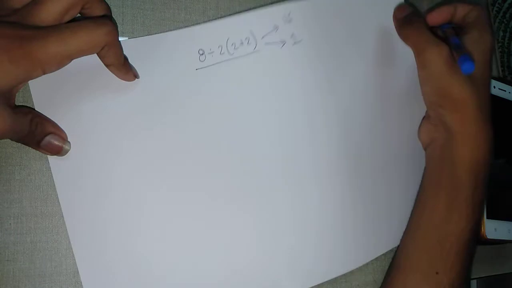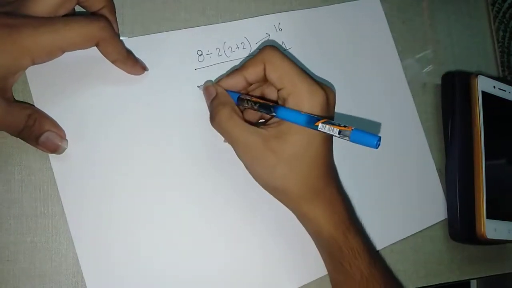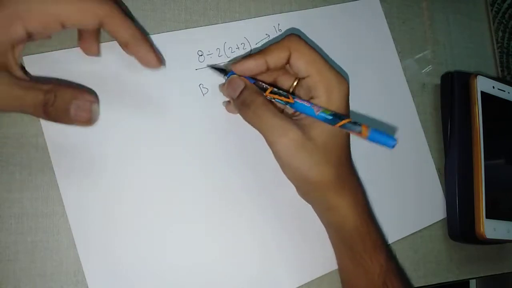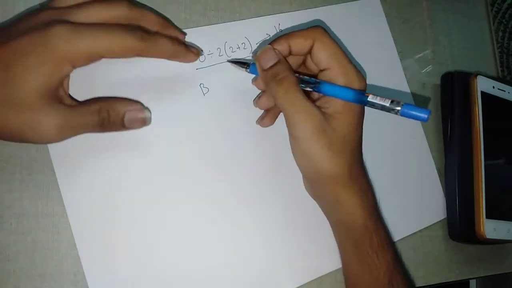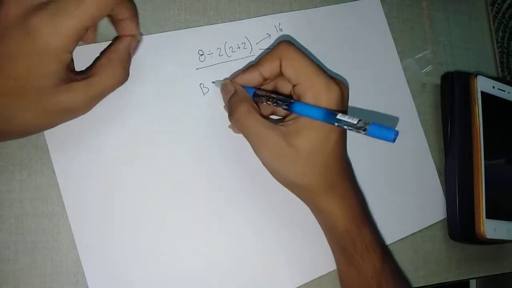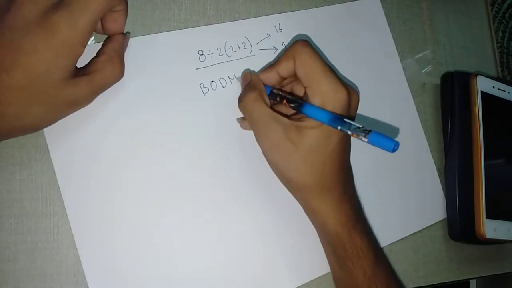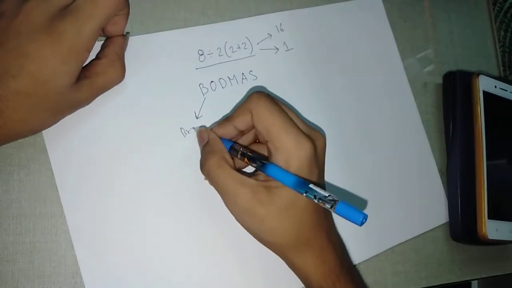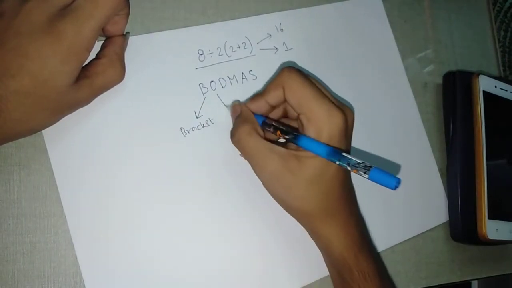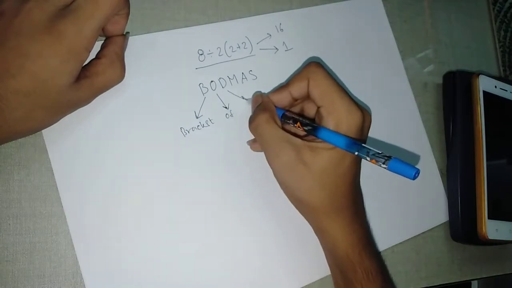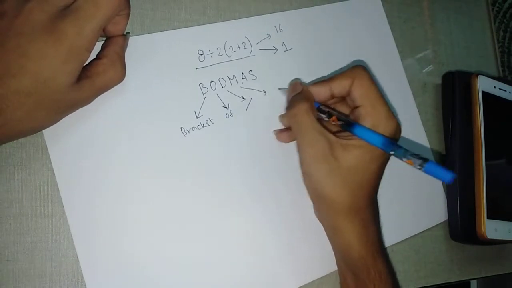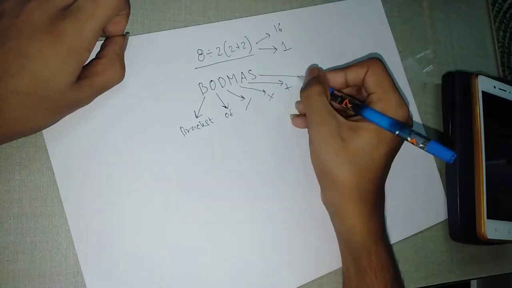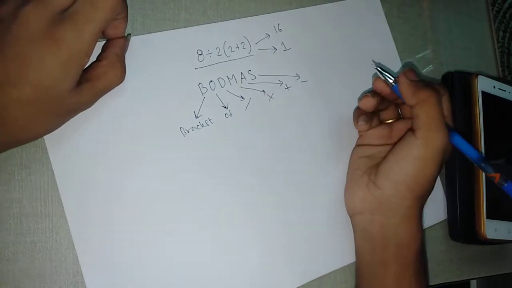So you all know that there is the common rule of calculations, the priority of which one you will use first, like division, multiplication, addition, subtraction. That is the BODMAS rule: bracket, of, division, multiplication, addition, and finally subtraction at the end.